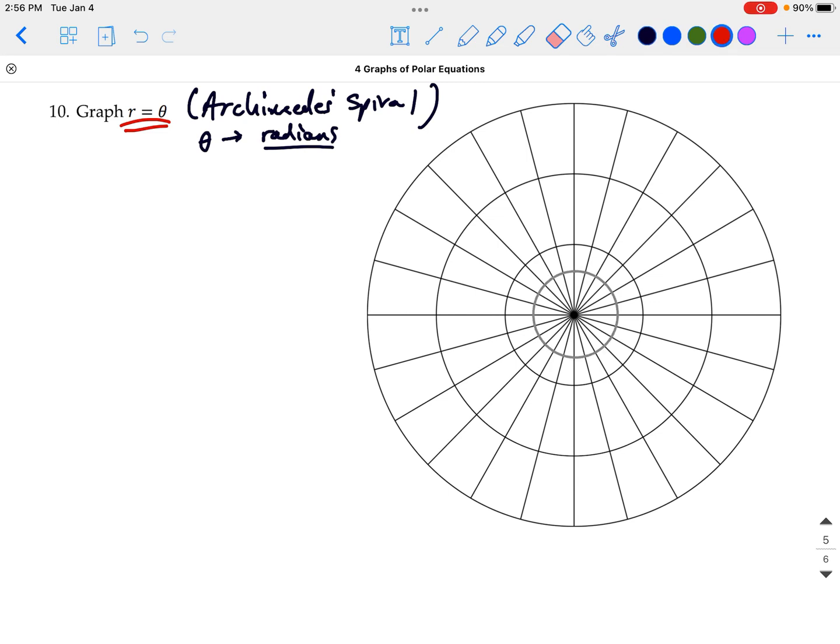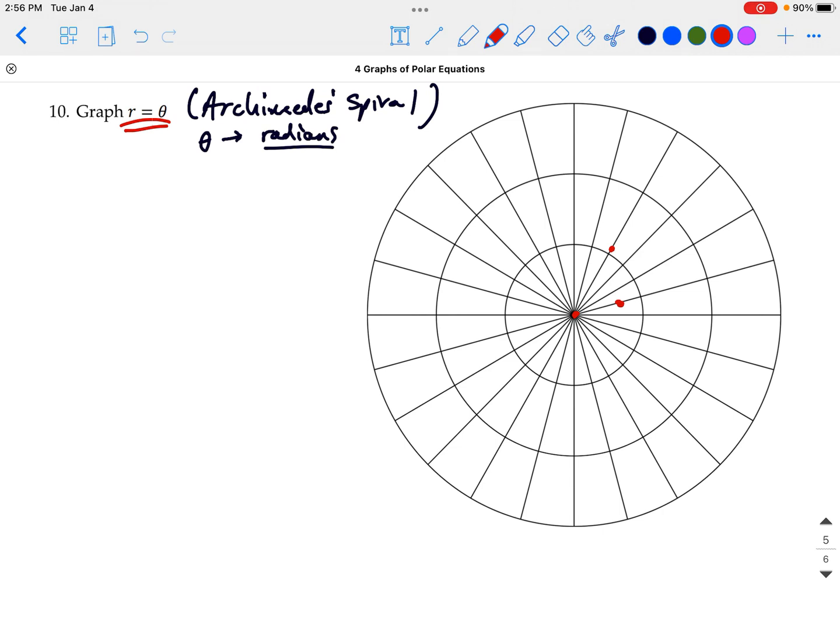So, again, a nicer version of this graph. Let's see if we can do that. So at pi over 6, that's going to be about a half, or, yeah, a little bit bigger than a half. At pi over 3, you're going to be a little bit bigger than 1.